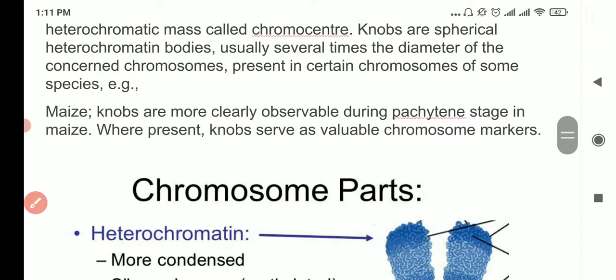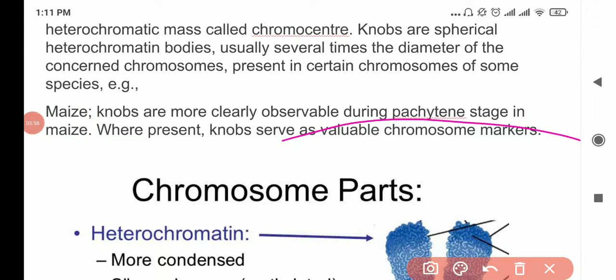We can see knobs in maize, and we can observe them during the pachytene stage in maize. So this is your basic NET or entrance question, no? At which stage do you see the knobs? You will say, Miss, pachytene stage, right?